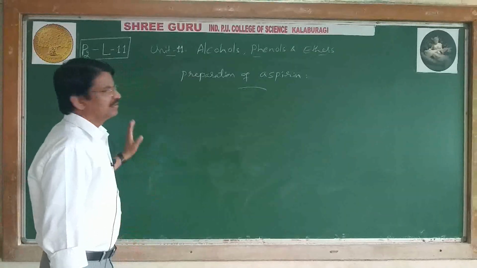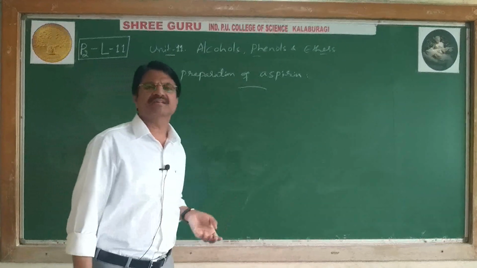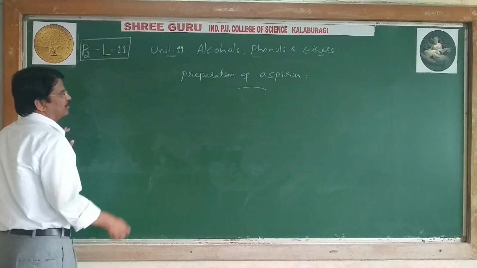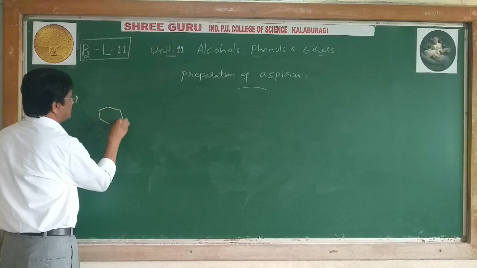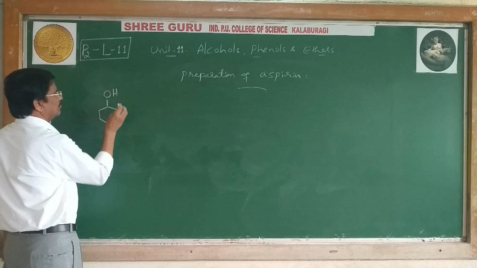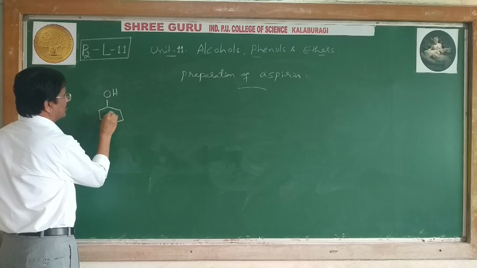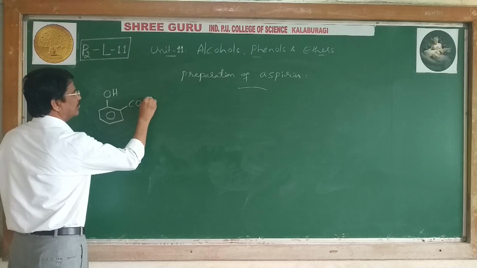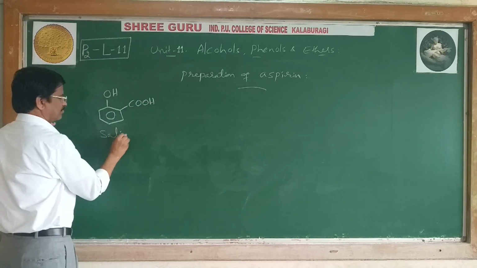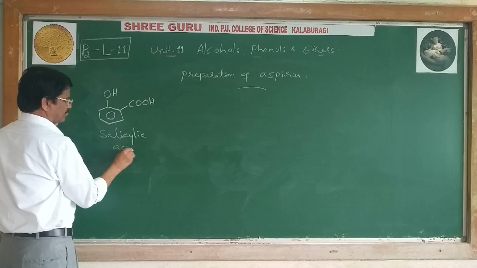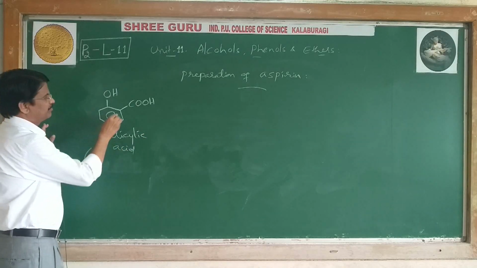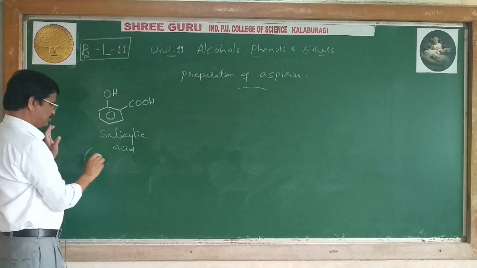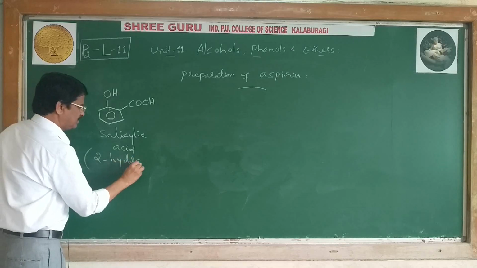Now, by taking salicylic acid, which is a phenolic acid. Salicylic acid is a phenolic acid. Now see here, salicylic acid, IUPAC name: carbon 1, carbon 2, the second position has an OH group, 2-hydroxy.